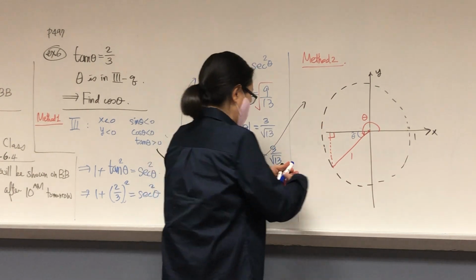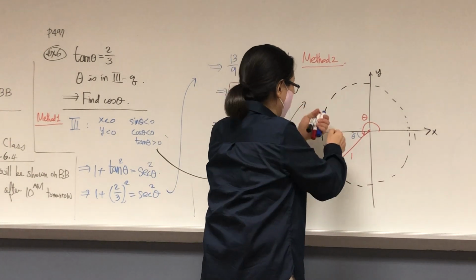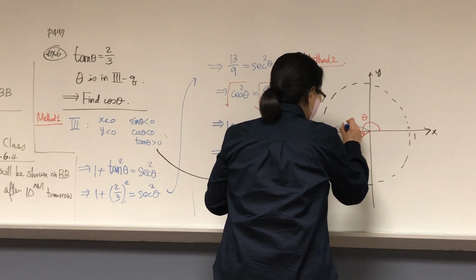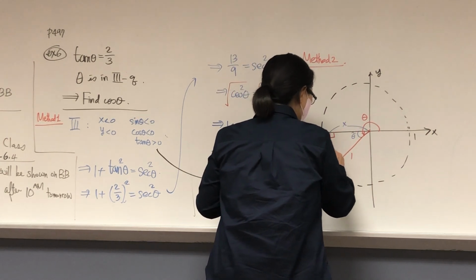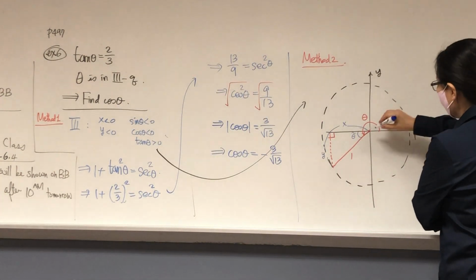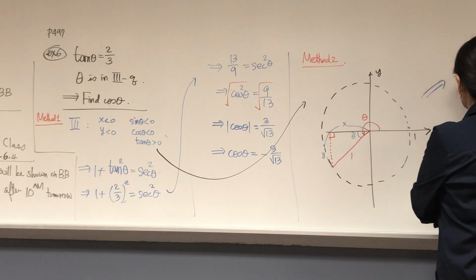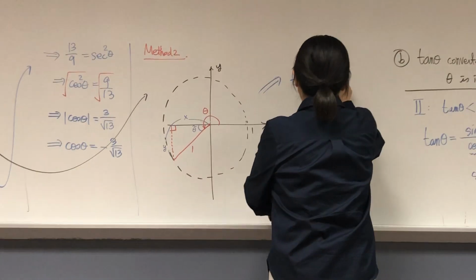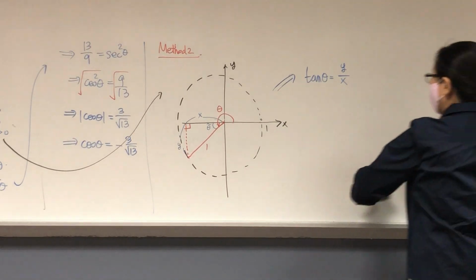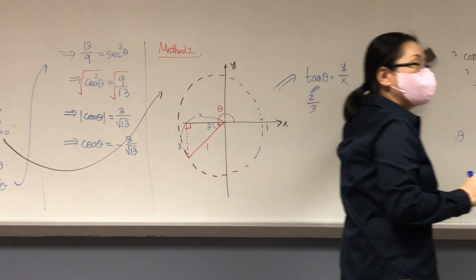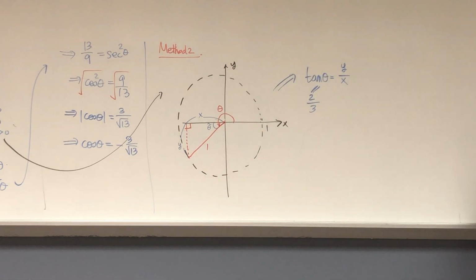If I really want to go with method 2, this one is my x, and this one is my y. From this triangle, tangent theta equals y over x, right? But I don't know y, I don't know x. But tangent theta is 2 over 3. And then, this is bad. The second method is not good, but we can try.